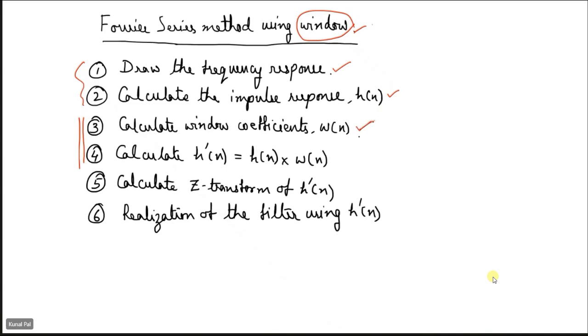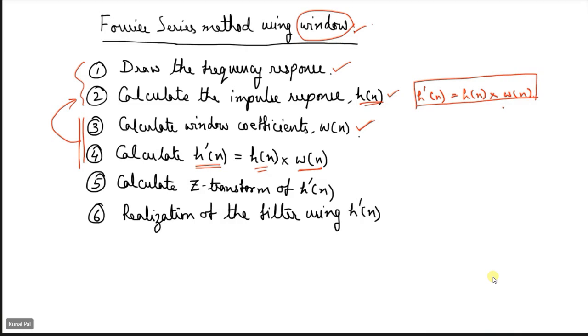Then we have to calculate the modified impulse response, which is given by Hn, whatever you have got in the second step, multiplied by Wn. In some examples, we will see that steps 3 and 4 may be directly clubbed into 2, where we calculate the H dash n, which equals Hn multiplied by Wn, directly.